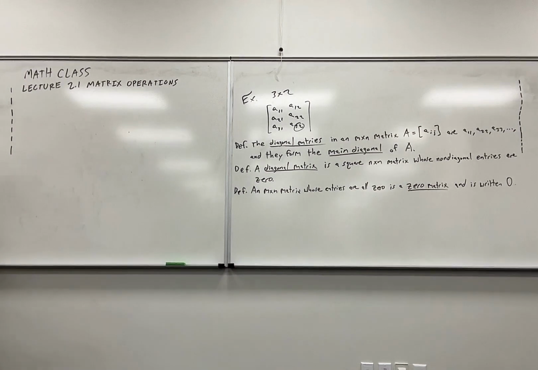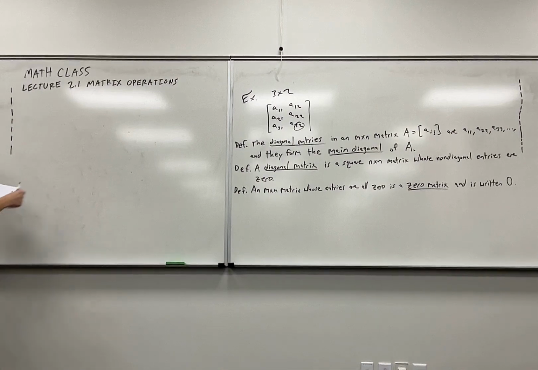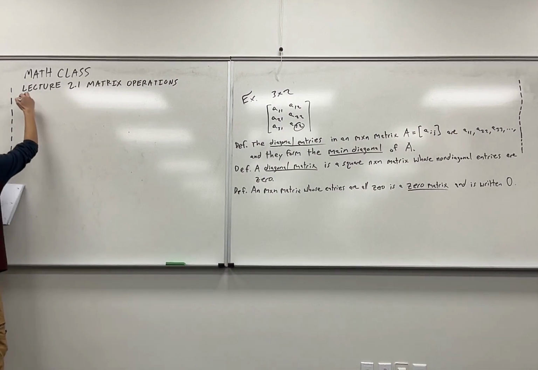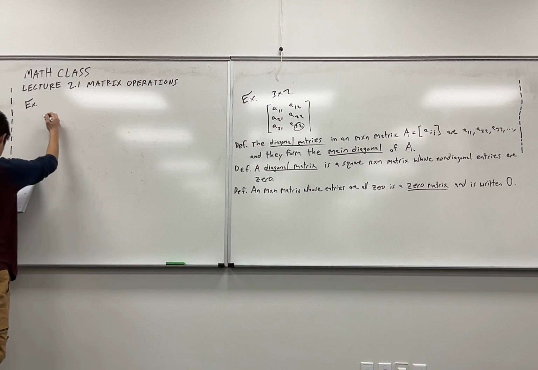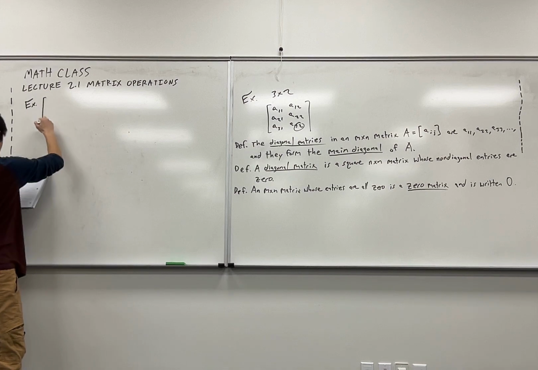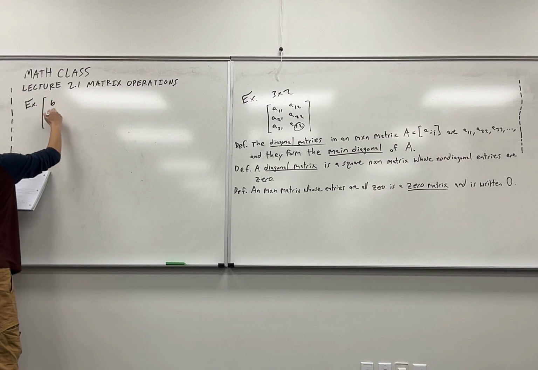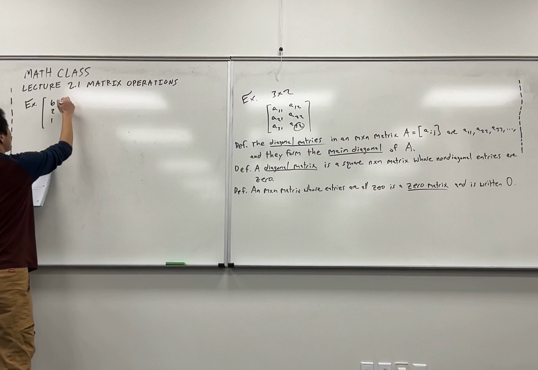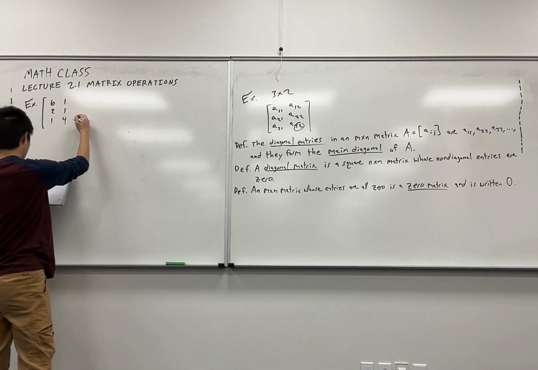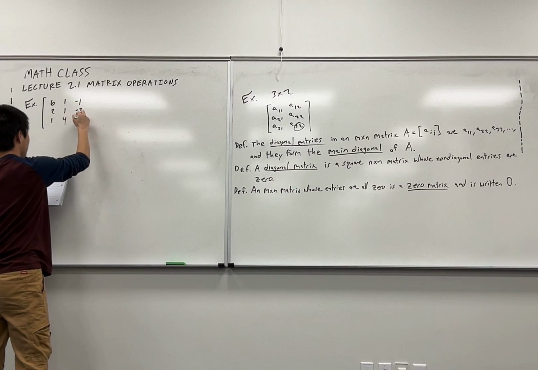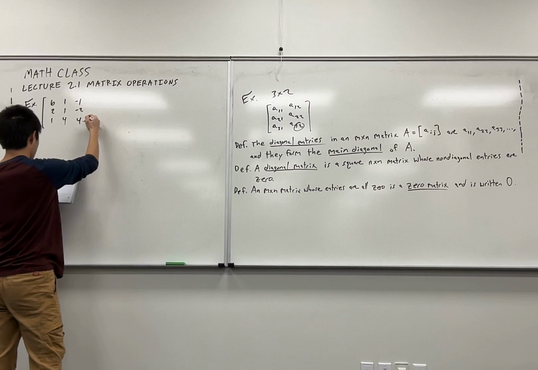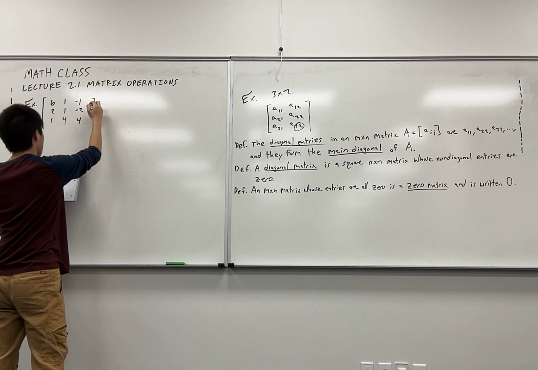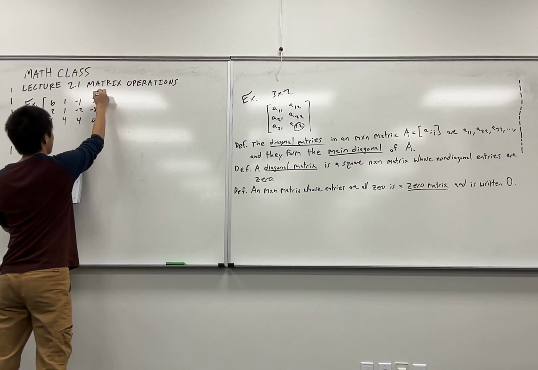Let's take a look at some examples of this terminology. 6, 2, 1, 1, 1, 4, minus 1, minus 2, 4, and then 3, minus 8, 0.